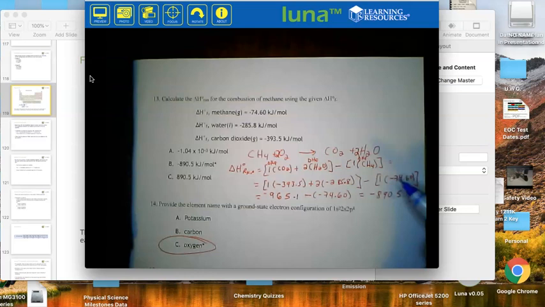So I substitute in my numbers here: 1 times the standard enthalpy of formation of CO2, which is negative 393.5, plus 2 times water, which is negative 285.8, minus 1 times the standard enthalpy of formation for methane, which is negative 74.60. Do the math, and I get negative 890.5 kilojoules per mole, which is our answer.